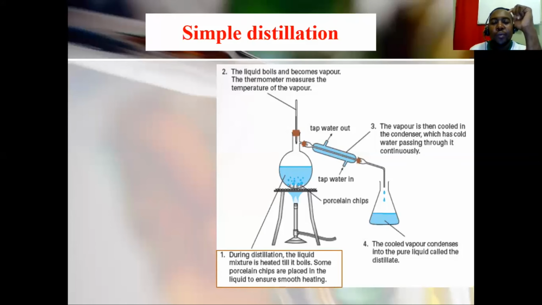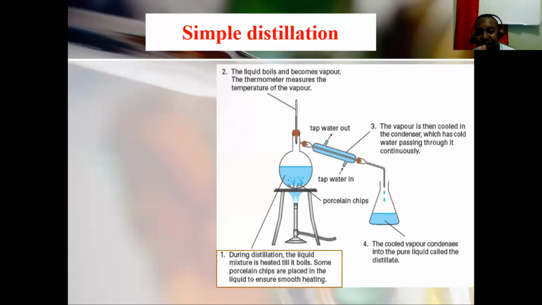All right. What's the purpose of the water going in and water going out of the condenser? Cool down something. So what exactly is it cooling down? It's cooling down the vapor so it can turn to liquid quickly enough to go down into the collecting container. Exactly.